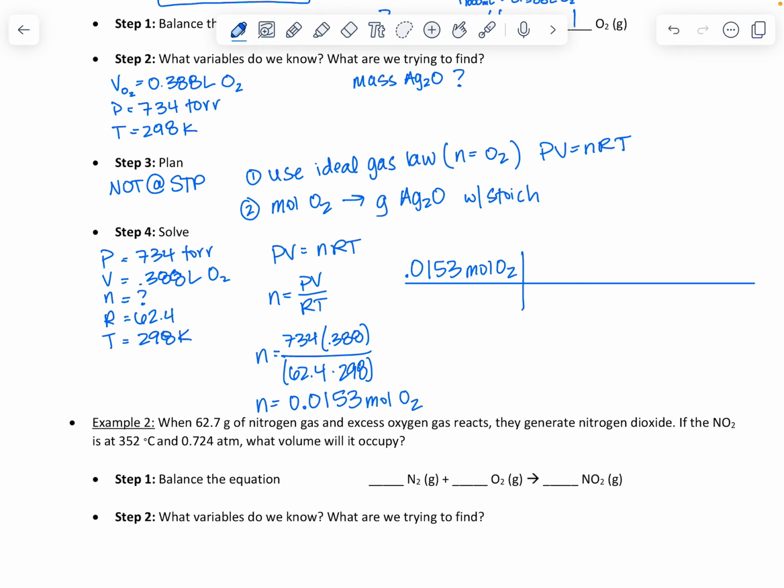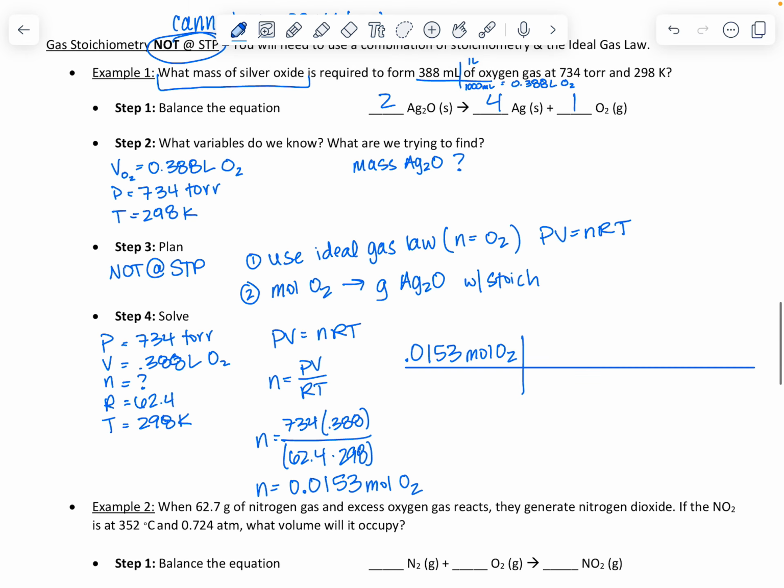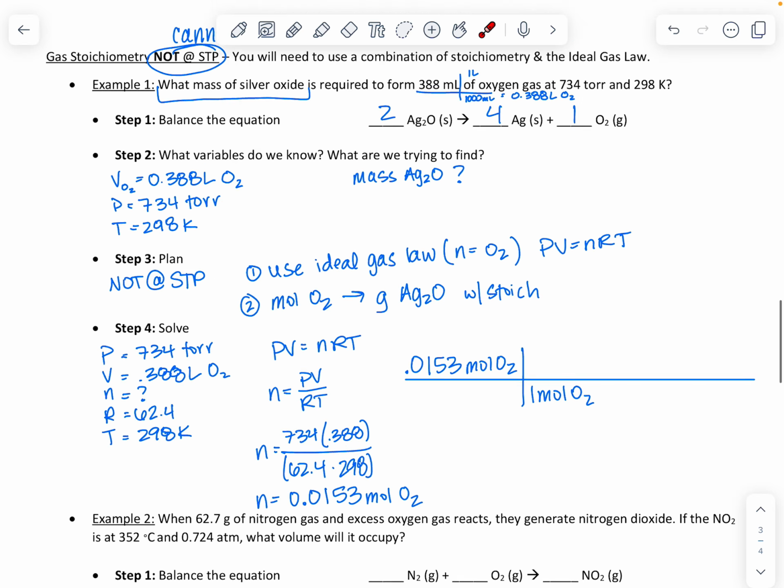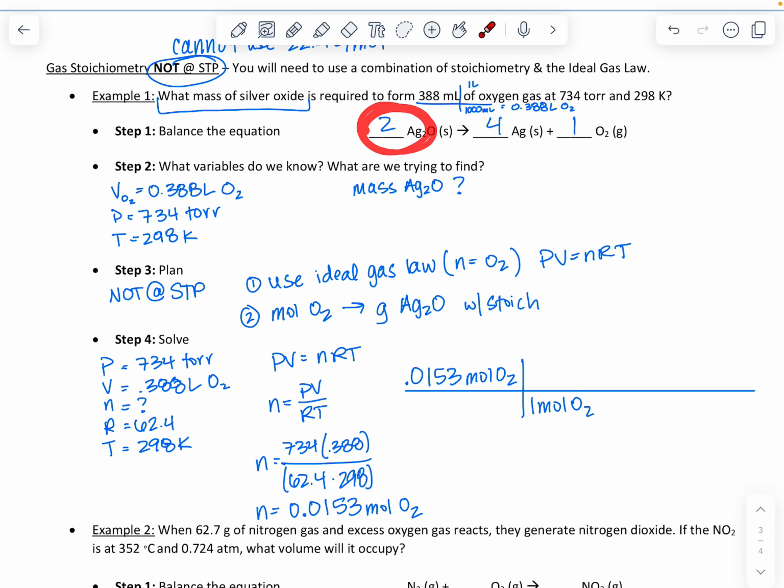The mole ratio is the next conversion factor, which means that we need to use our coefficients from our equation. Oxygen is going to go down here, and that is 1 mole of oxygen on the bottom. And we are trying to find out about silver oxide. So that's this substance here, not silver, silver oxide. So we have 2 moles of silver oxide.